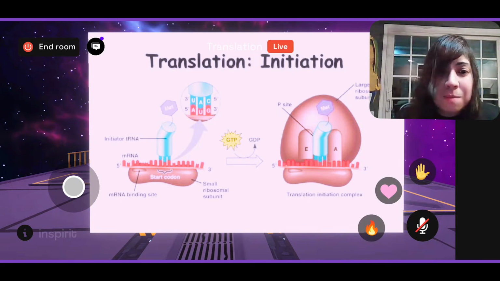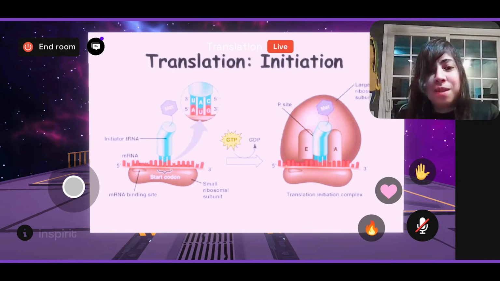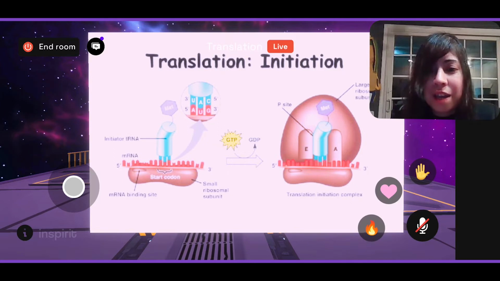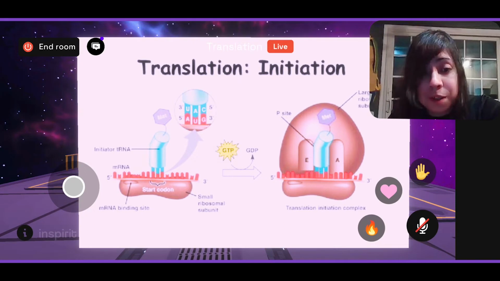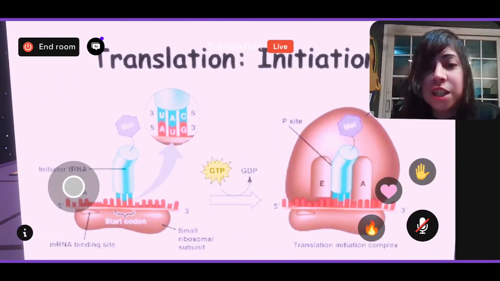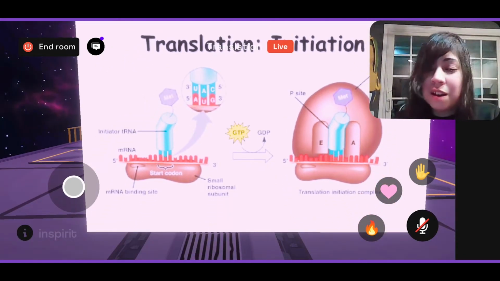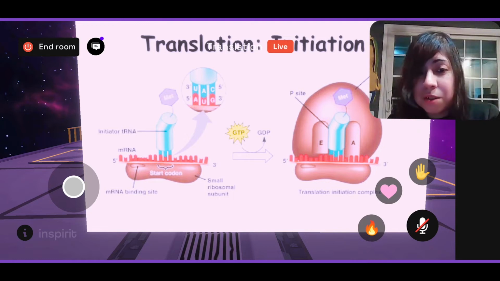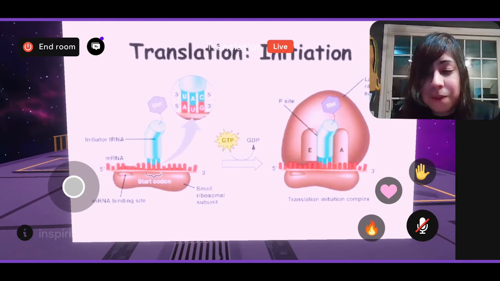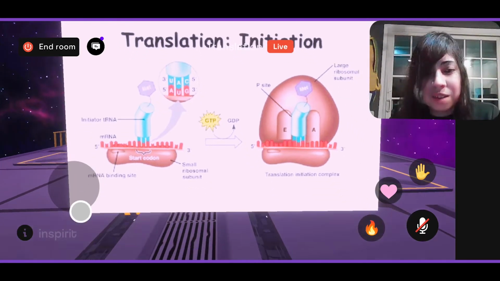Now remember, all mRNAs have the same start codon called AUG. It codes for methionine. The large subunit also attaches to the initiator tRNA, which carries the methionine, binding to the ribosome's P site. Proteins called initiation factors are required to initiate protein synthesis. These three main initiation factors are IF1, IF2, and IF3, which are very important in prokaryotes.